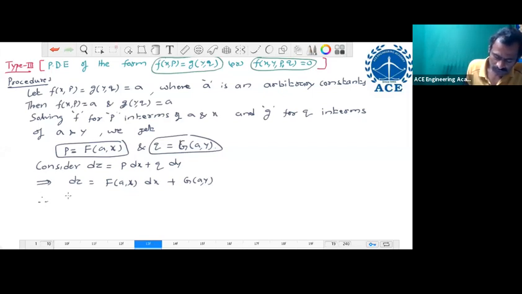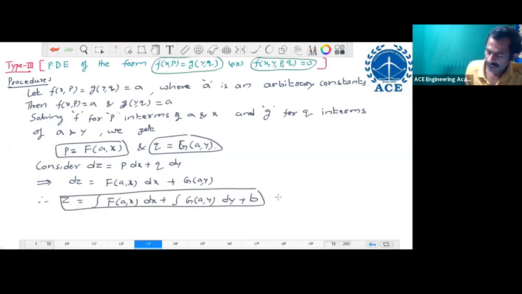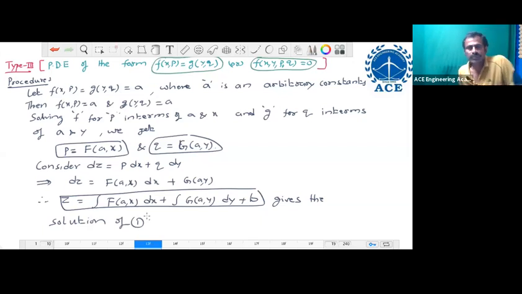Therefore, take the integral. Therefore, z equal to integral of capital F of a comma x dx plus integral of G of a comma y dy plus b, integral constant, gives the solution of 1. This is the third type.